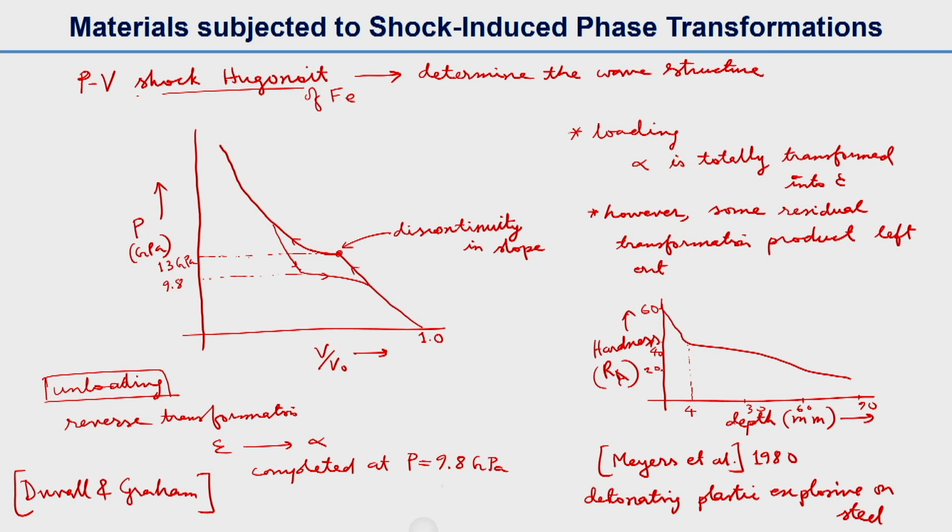So you can imagine that during the detonation with the help of a plastic explosive, the steel block after the passage of that shock loading will be very hard at the surface, that is up to 4 millimeter from the surface. So at the surface, this region, pressure will be very high, P exceeds 13 gigapascal.